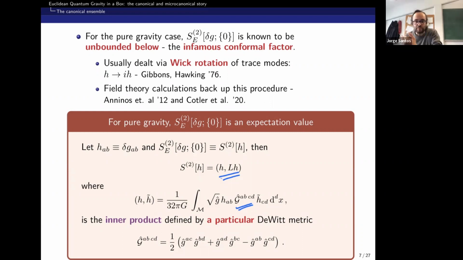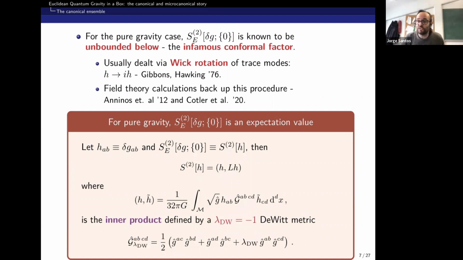In the literature, if you dig up what the second order action looks like, almost everybody writes it in this form, okay? Now, this is a particular DeWitt metric. The most general DeWitt metric that you can write down is this one, where there's a free parameter here, okay? This falls on a particular DeWitt metric, where this lambda DeWitt is -1.